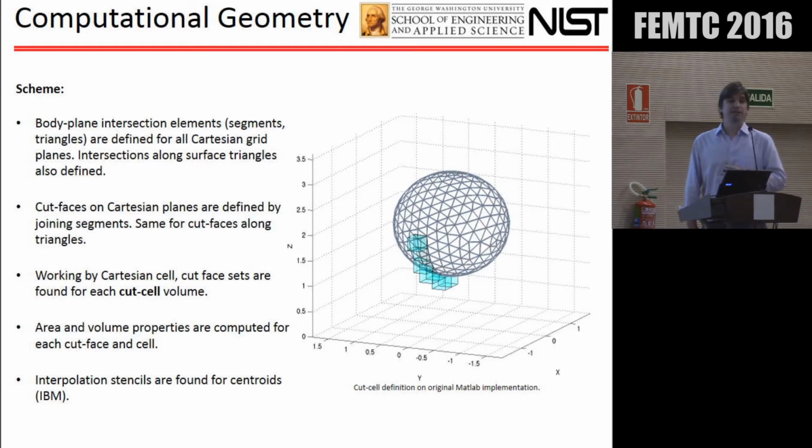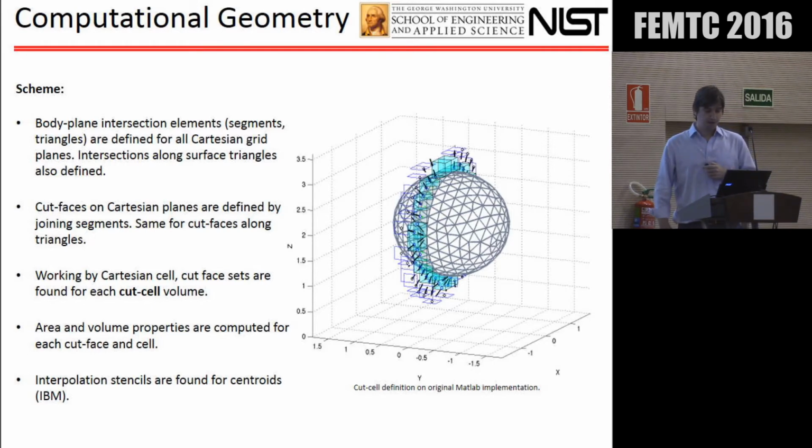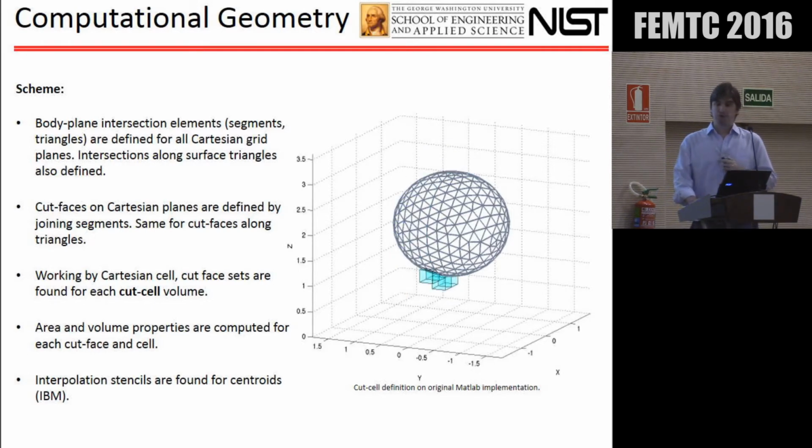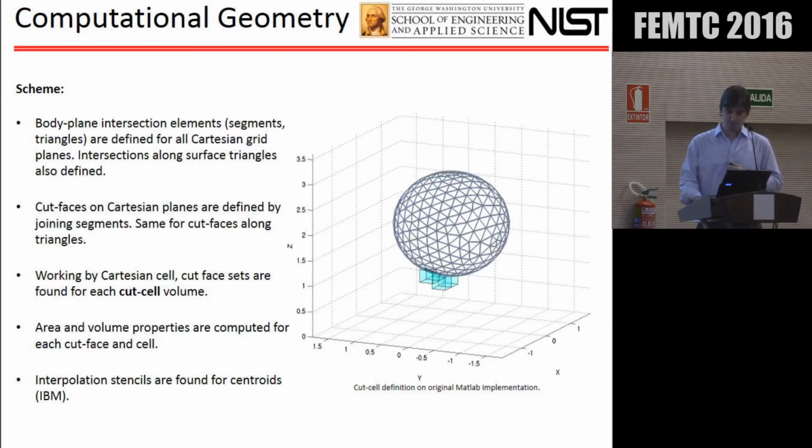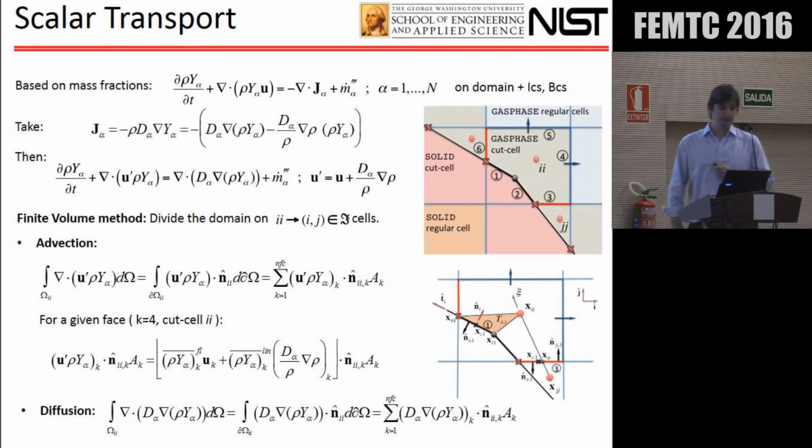We can compute area and volume properties for these, locations of centroids, and this is in order to do the discretization that I'm going to show next for the equations. Also, for each of those centroids, we can compute what stencils of points are surrounding those centroids in order to do interpolations. And this is also being used in the immersed boundary method for velocity reconstruction there.